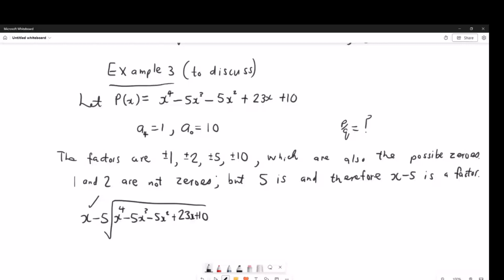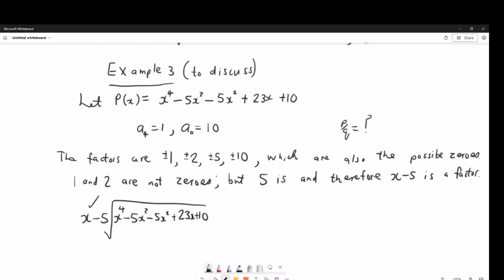If that's the case, it means that x minus 5 is a factor. So now we want to see the other actual zeros from this long division. The question is, how many times does x divide into x to the 4? Well, it divides into there x cubed times.